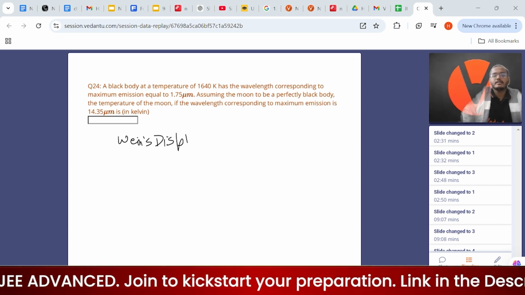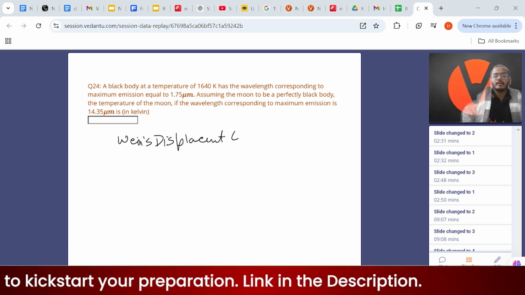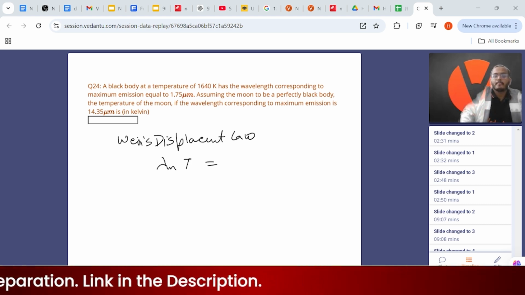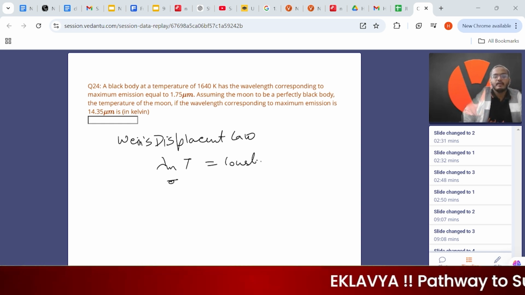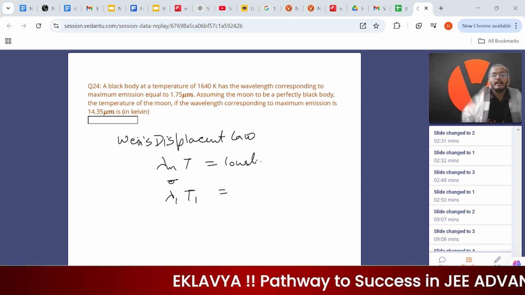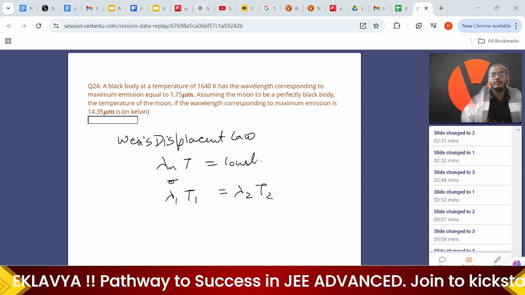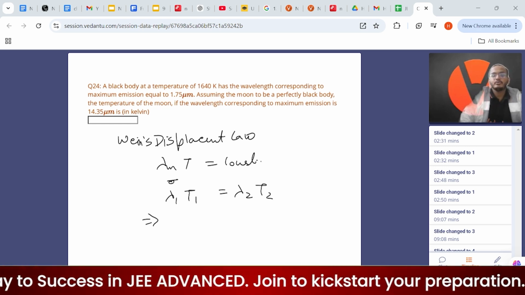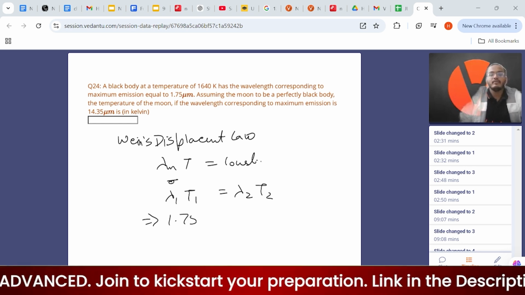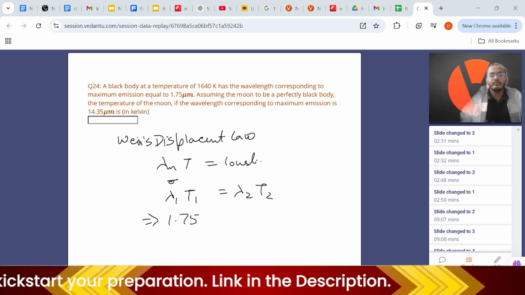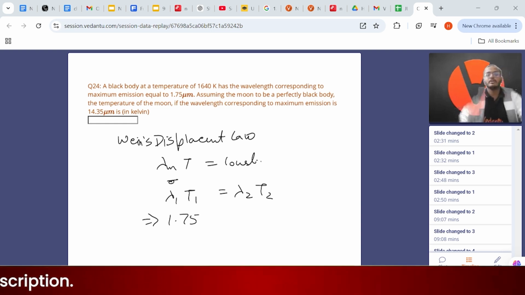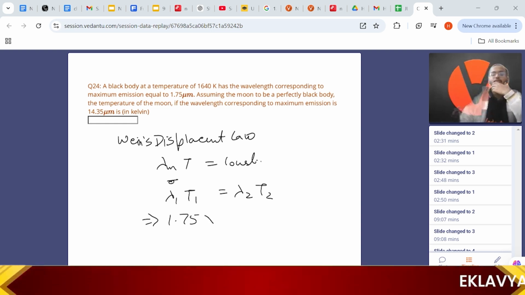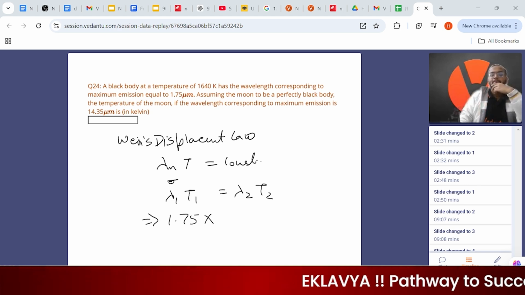displacement law, we know that lambda m T is equal to a constant. So obviously, lambda 1 T1 will be equal to lambda 2 T2. Now, lambda 1 is given as 1.75 micrometer. I'm not converting the units again because it will eventually cancel out.